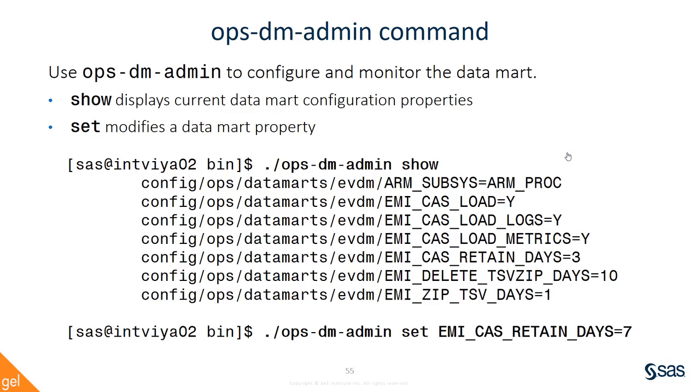If you need to change one, you simply use the same command with the set option. So in this case, we're setting the CAS retain days to 7 days. So I'll keep a week's worth of metrics in my reporting data for CAS. Okay, so again, kind of flexible. You as an administrator have the ability to dictate what happens and how often.